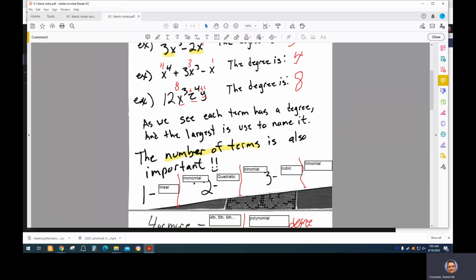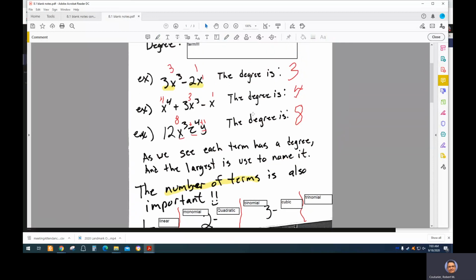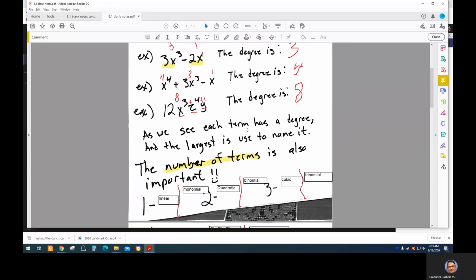Right side of the line is the number of terms. So linear, if it has a degree of 1, 1 term, monomial. If it has degree of 2, it's quadratic. If it only has 2 terms, it's binomial. And then you use the pieces together to create their first and last names.